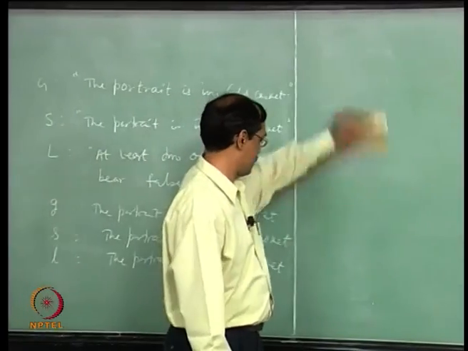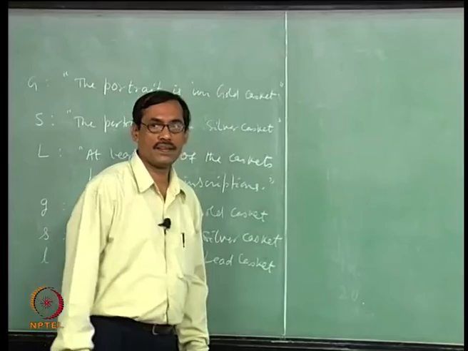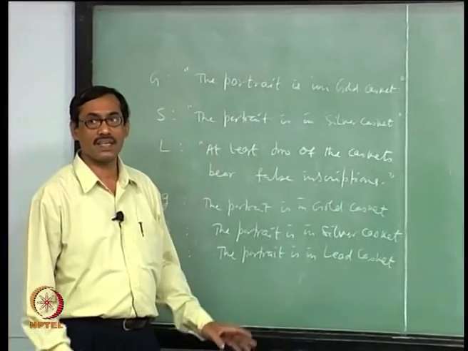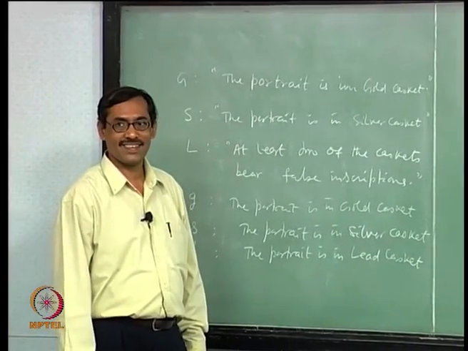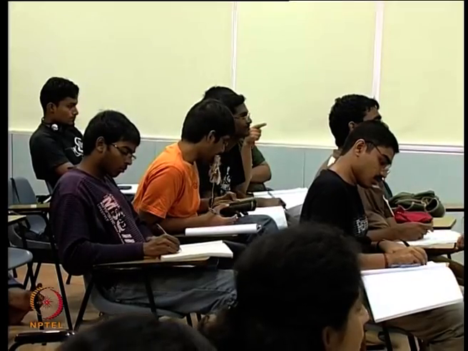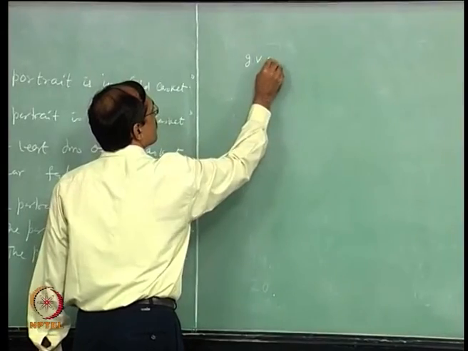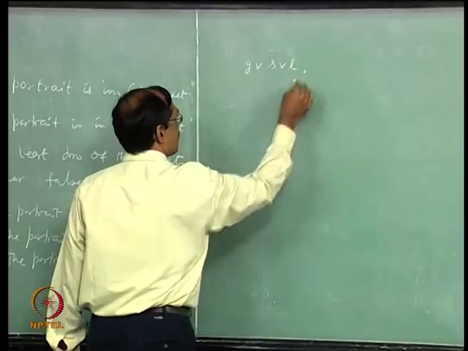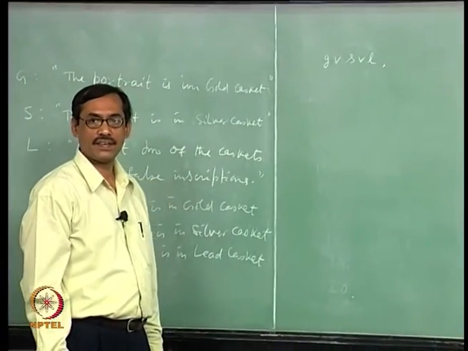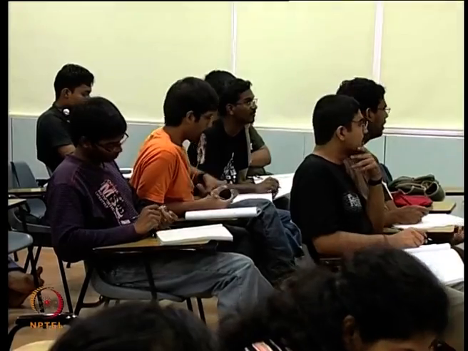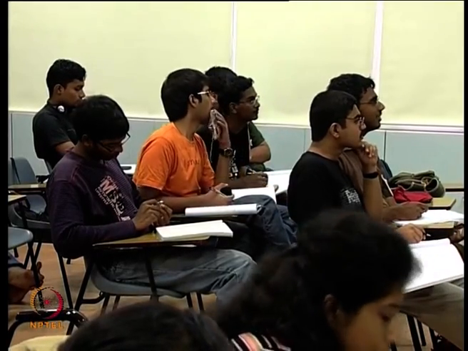The portrait is in exactly one of the caskets, so we write small g or small s or small l, and not of g and s, g and l, and s and l. If it is in one of them, it is not in the others.